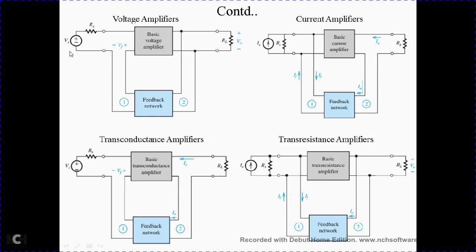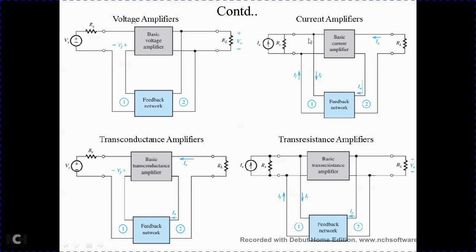In the current amplifier, both input and output parameters are currents, Is and Io, and it is called shunt series. It is shunt because the feedback signal is mixed with the input signal in parallel. The input is a current source.